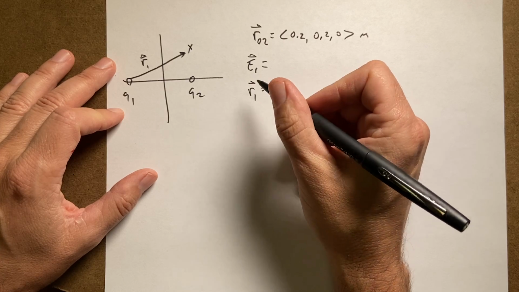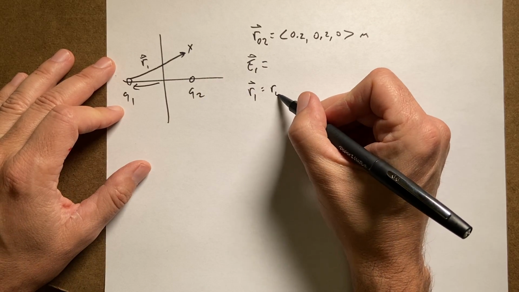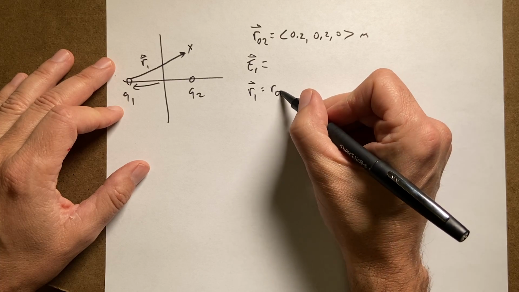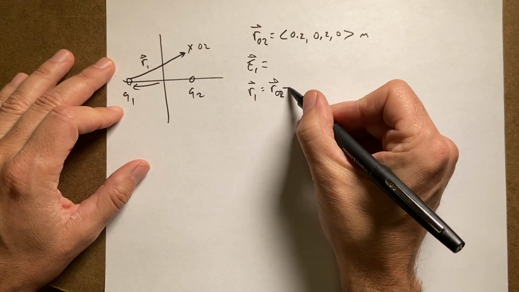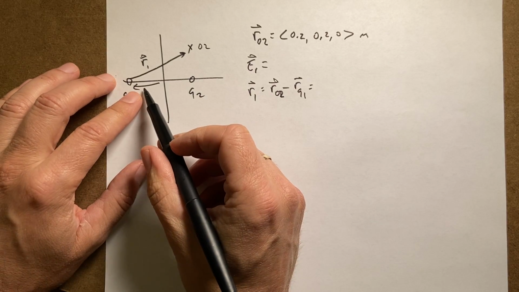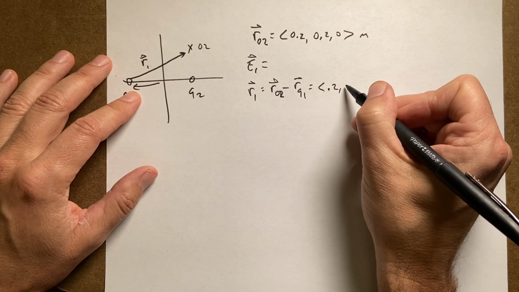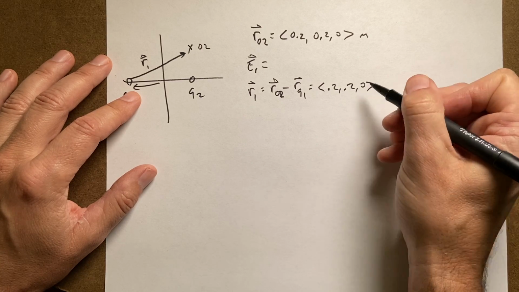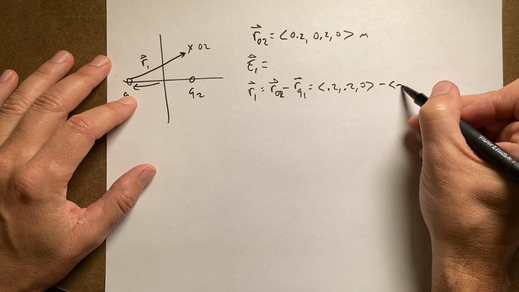R1 is going to be equal to RO1, this is 2, this is O2, minus RQ1. So again, I already know this vector. I'll just write this out. This is going to be 0.20 minus negative 0.200.